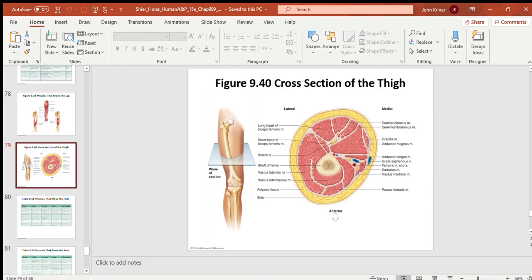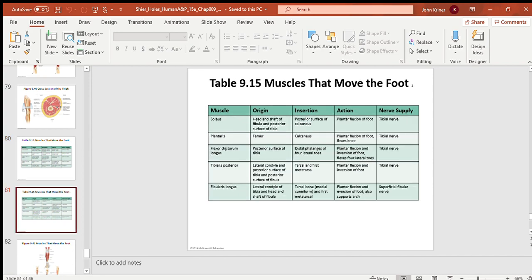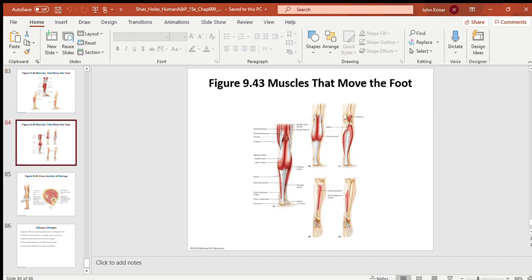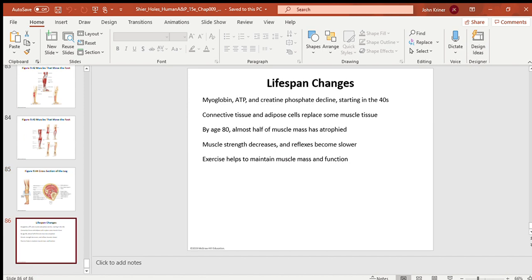I won't include this. So cross sections are out. And then the foot. That takes us here, and I think that's the end of it. I won't include a cross section, so that's a cross section, and then lifespan changes will be included. That's the entire presentation for the muscle system.